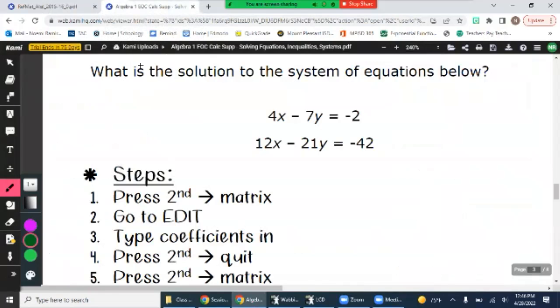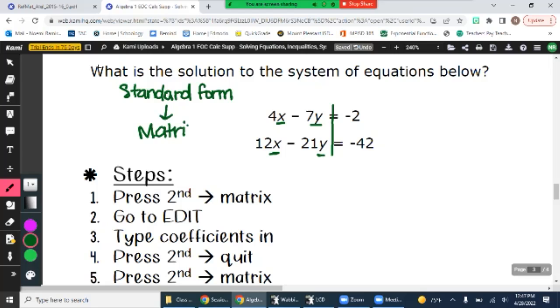If and only if you have the X and the Y on the same side of the equal sign, that represents a system that's in standard form. And if it's in standard form, what calculator method? The calculator method that we use to solve this is matrix.